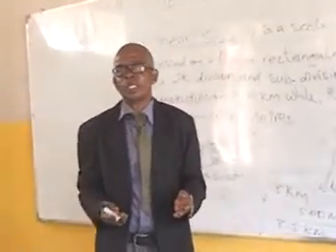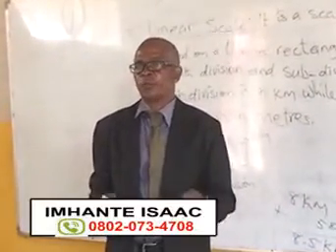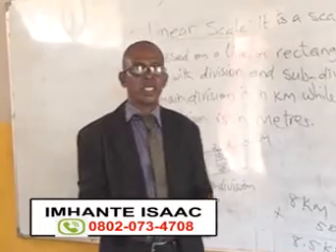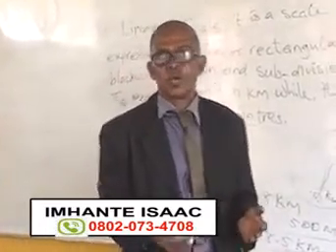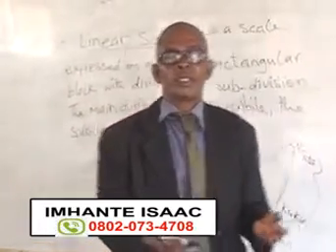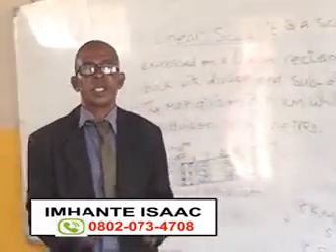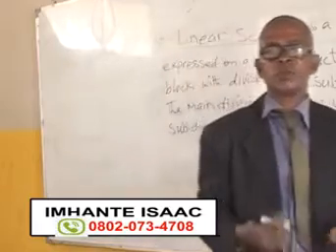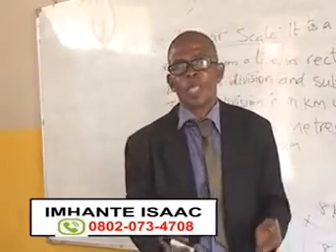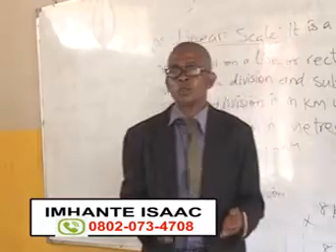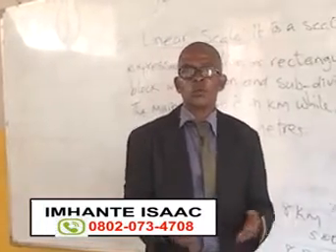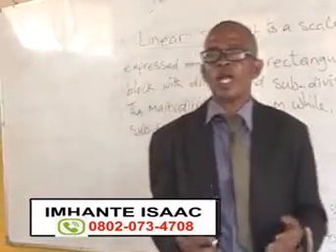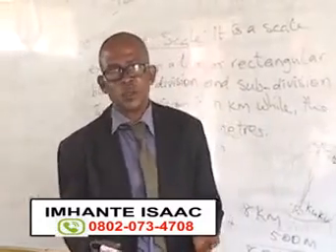I went further to say there are three types of scale. First is statement scale, which is expressed verbally. Second, representative fraction scale or ratio scale. This is a scale expressed in fraction term or ratio term. Example, 1 to 100,000 or 1 to 50,000 or 1 to 25,000 as the case may be.